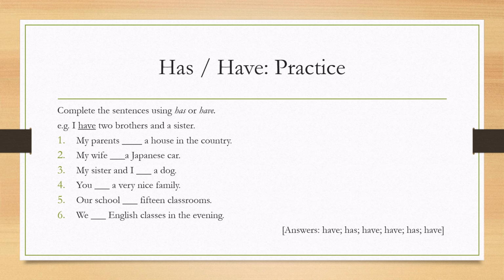My parents, a house in the country. Now, my parents is more than one person. My parents is the same as the subject pronoun they. Not so? So, they have a house. My parents have a house in the country.